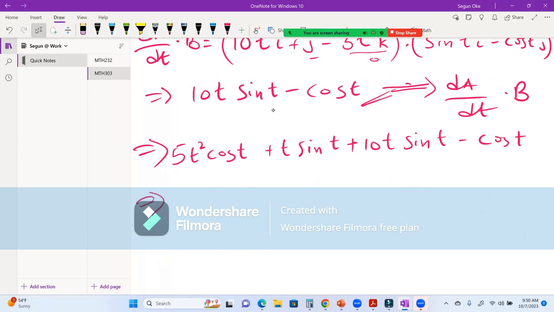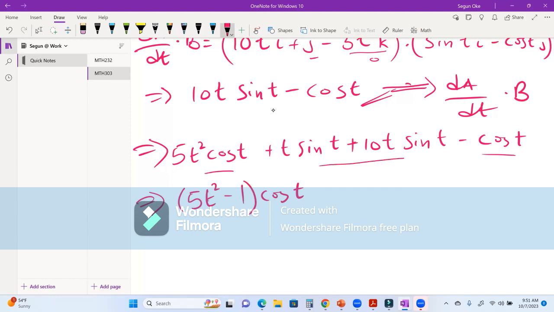So we have 5t squared minus 1, cos t. Do you agree with me? Where you match this and this together, you cannot say 5t squared cos t minus cos t, because they are not the same. One has t squared, the other does not. The only thing that is common to them is cos t. That's why we factorize cos t out.